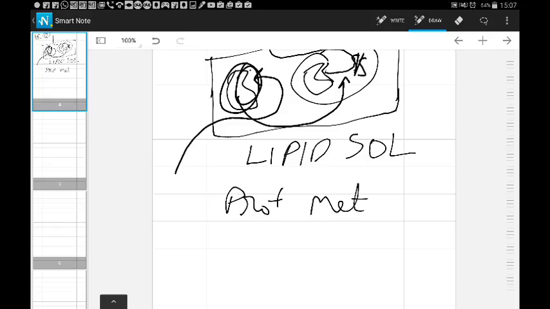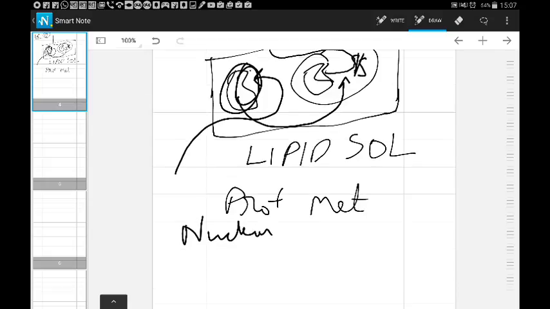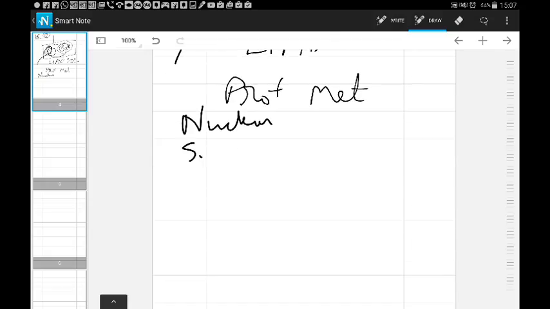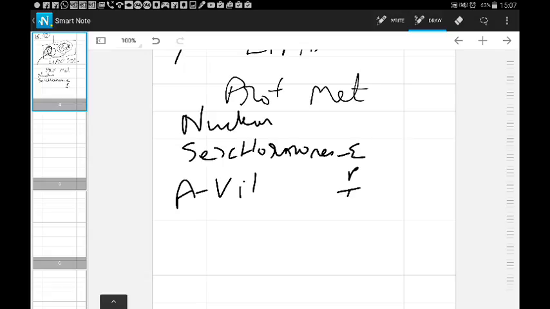Now, again, there are limited examples of this in the body. For nuclear, it's sex hormones: estrogen, progesterone, testosterone, then vitamin A, then thyroid hormones.